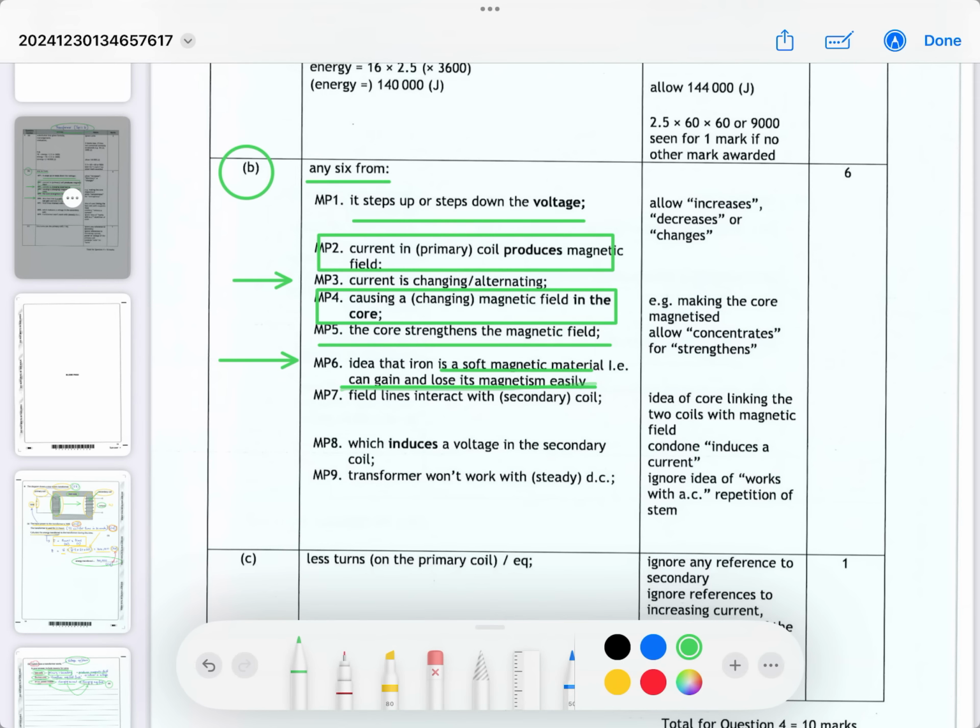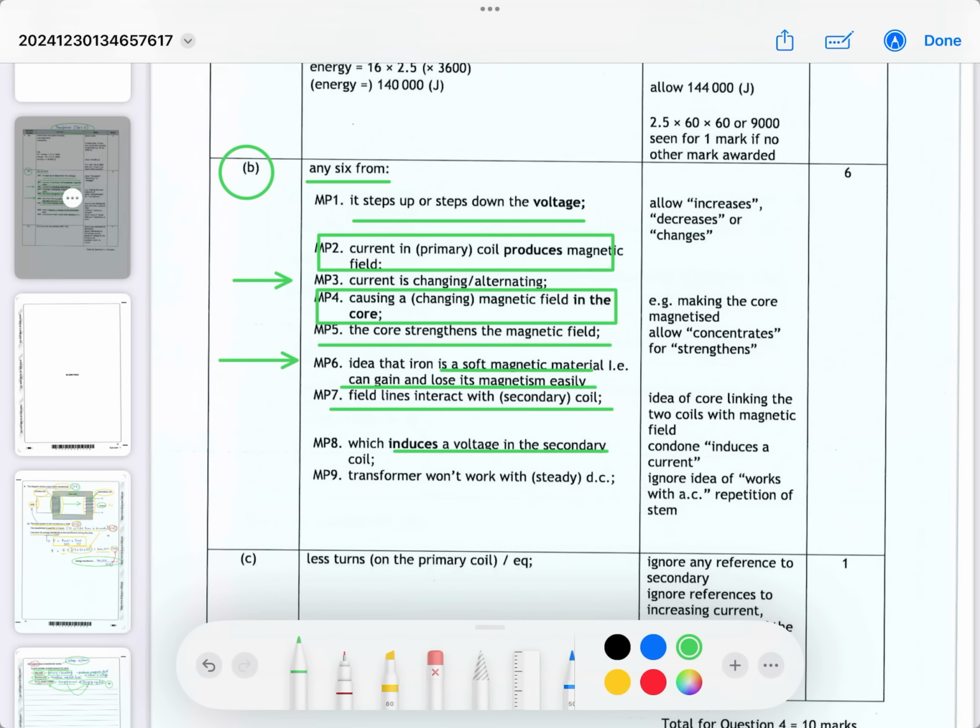So as soon as the current changes direction, the magnetism will lose its direction and then turn to the opposite direction when the polarity of the alternating current changes. Now, this changing magnetic field interacts with the secondary coil, which is a conductor, and a voltage is induced inside it. So you have an induced voltage in the secondary coil.